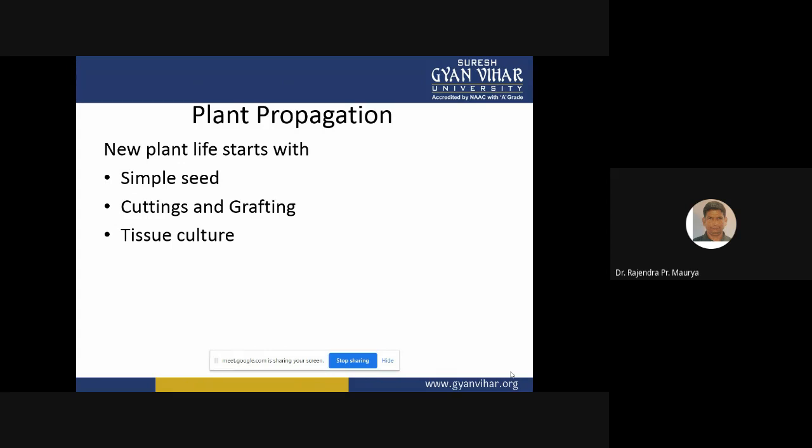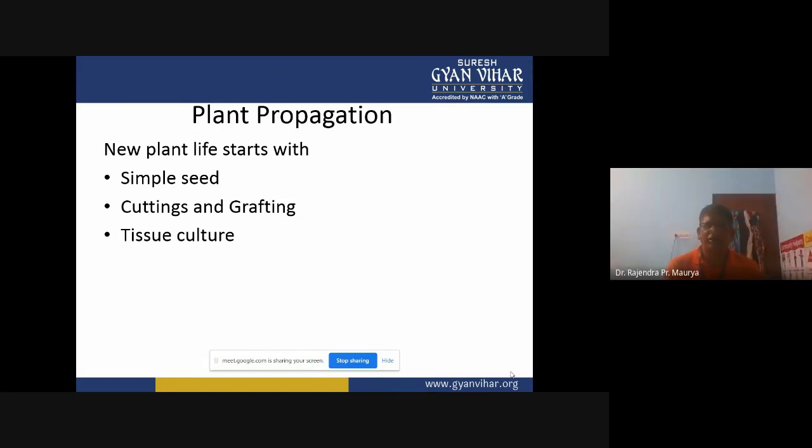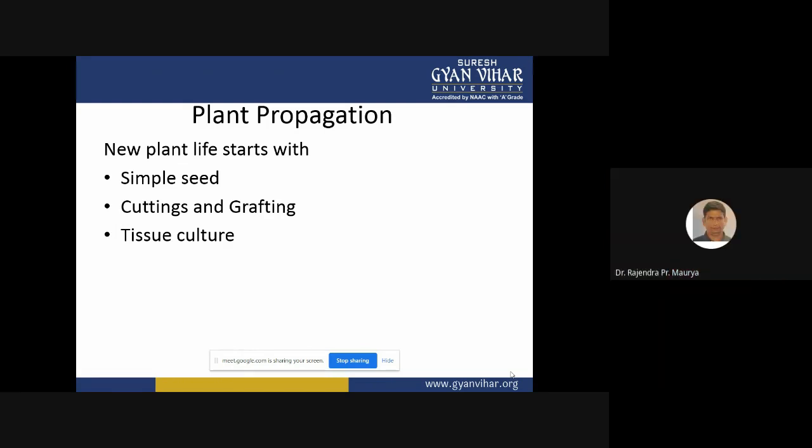If any sapling or plant has a good root system and shoot, and we transplant it either in pots, trays, poly bags, or directly in the ground, that plant will start its life independently. That is the new plant. Mostly the propagation of these plants we do in the nursery.